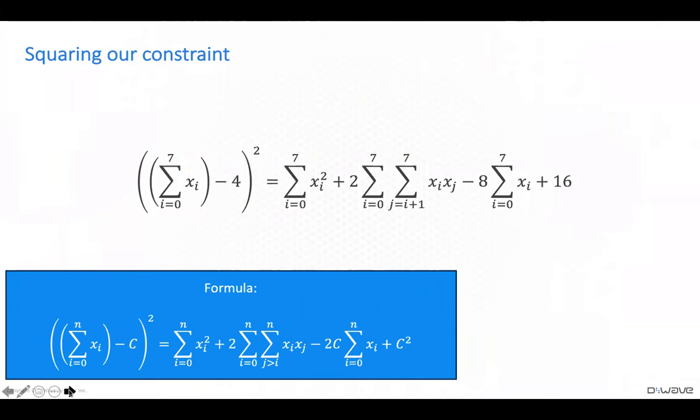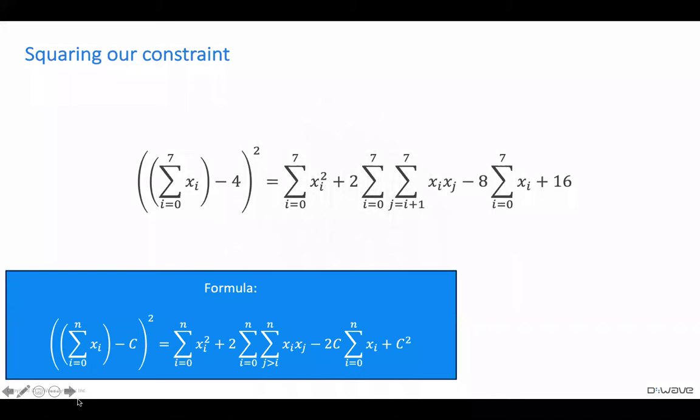Notice the special counting there, and the 2: you start at 0 on the first sum, and the second sum starts at i, and that way we don't introduce a double count. Then minus 8 times the single sum over those. That comes from the cross term in the multiply, and then a constant of 16. And that constant is going to play a role in this later on, but we can ignore it for right now.